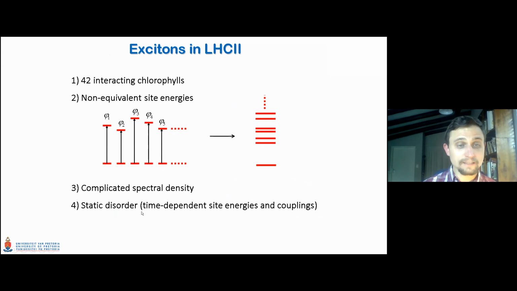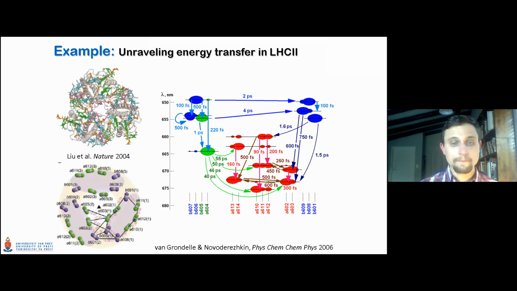And you have static disorder, which just means that the site energies and the coupling between the molecules are time dependent. But the Hamiltonian has been calculated for a lot of these light harvesting systems. And from this, you can get a good model for the cascade of the energy within such a system.